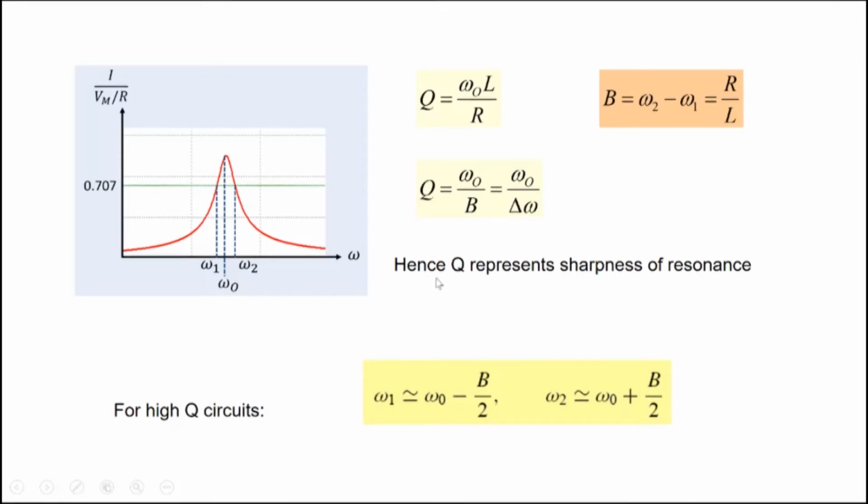And you can show that if the Q value is high, then omega 1 is basically omega naught minus bandwidth by 2. Omega 2 is approximately omega naught plus bandwidth by 2 here. All right, so these are useful relations to remember. Relations of Q here. Bandwidth is basically R by L here, and another expression for Q, and omega 1 and omega 2.